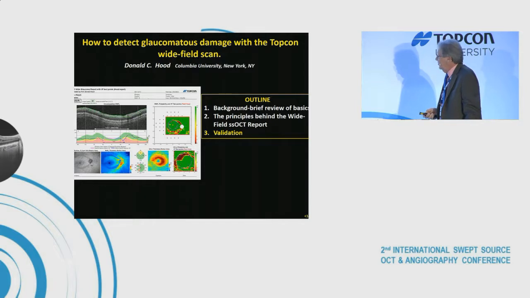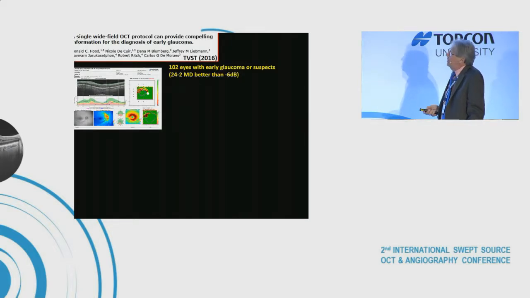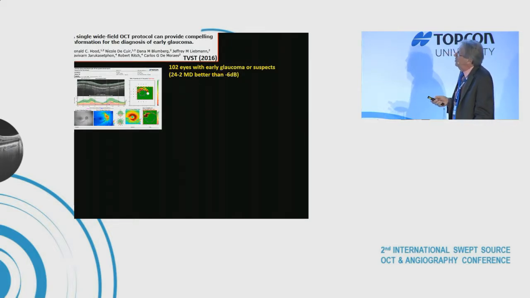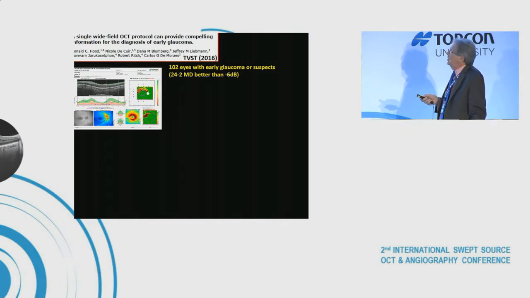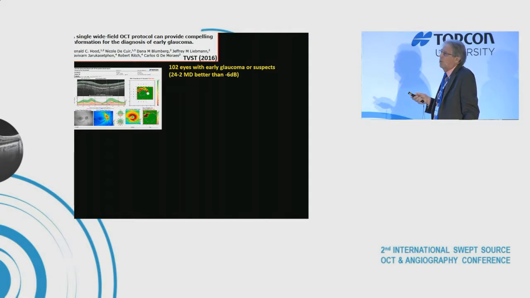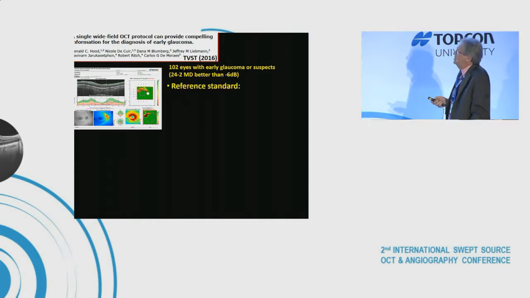All right, quickly in terms of validation, here's a study in which we wound up with 102 eyes that had early glaucoma. Early glaucoma defined based on mean deviation better than -6, or they were suspects. So they all had funky or abnormal looking discs.